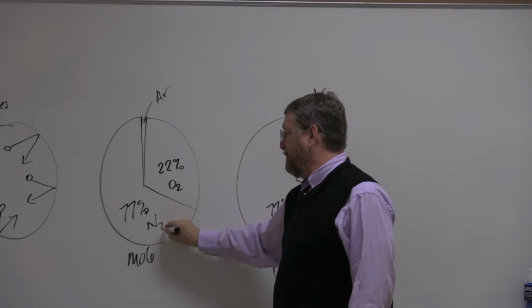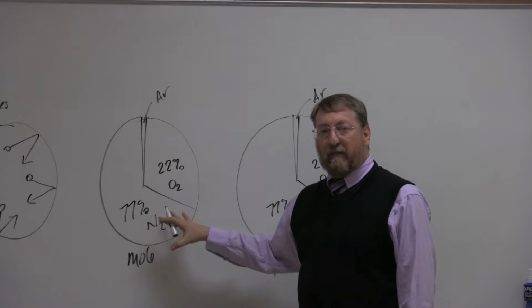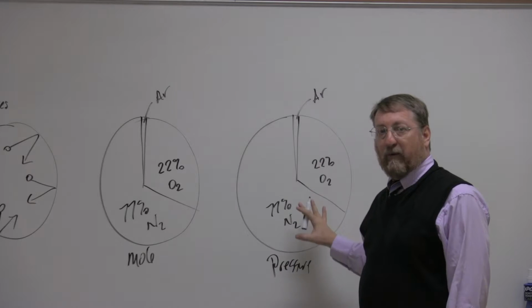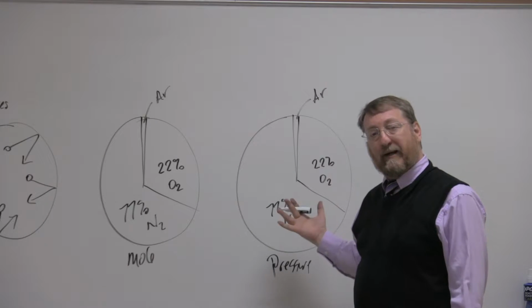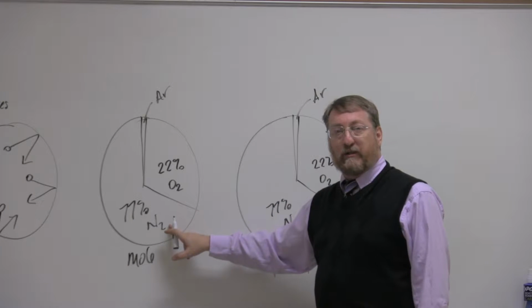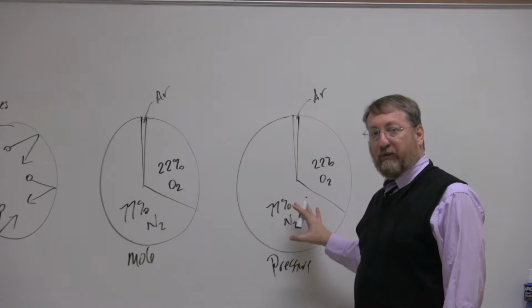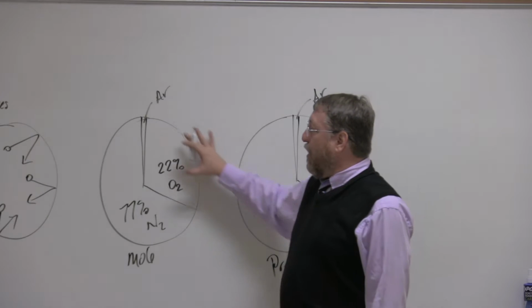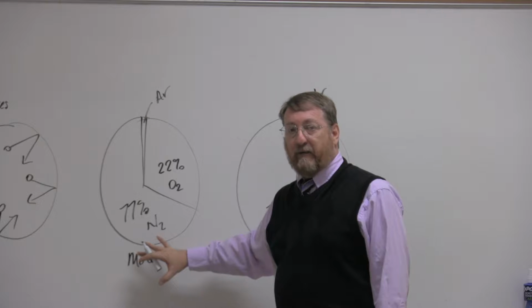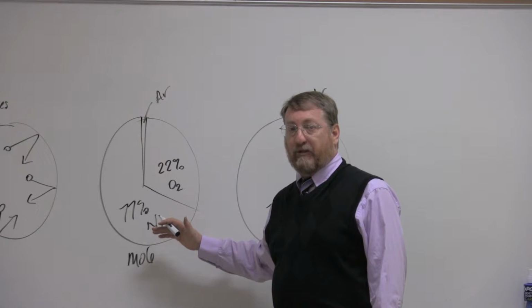So the way the moles make up the mixture is exactly the way the pressure must make up the mixture. It makes sense because the collisions of the nitrogen molecules are producing its pressure. All of the molecules are at the same volume and temperature, so they have the same energy.